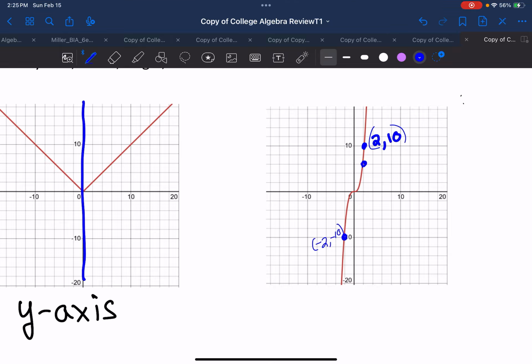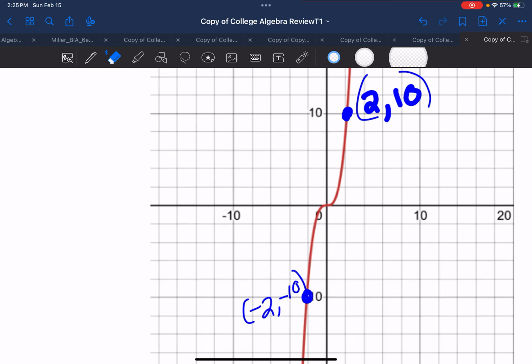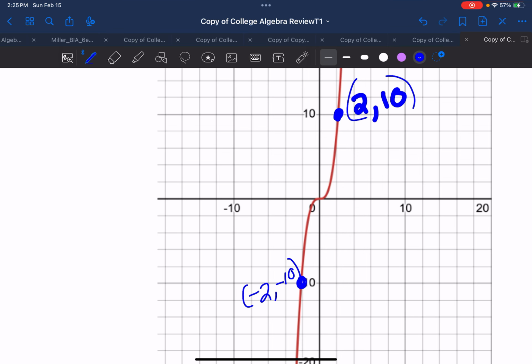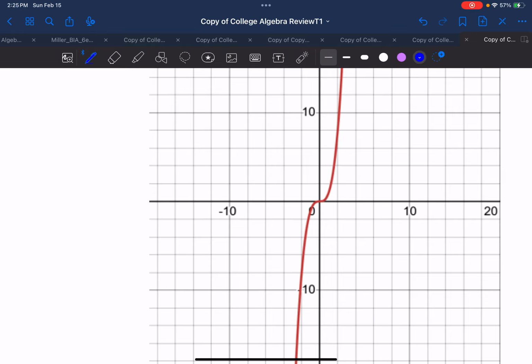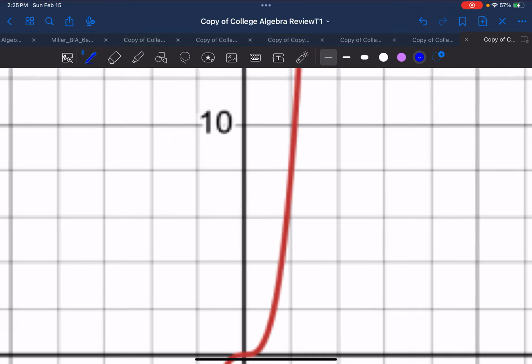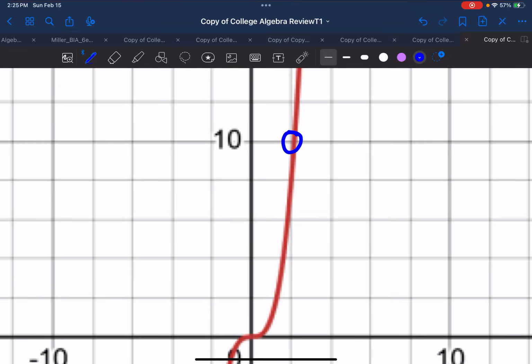So this one is 2, or around about 2, it might not be exactly 2. It's kind of hard to tell. Is that one 2, 10? No, it's a little off from that one, because if you look, it's a little past 2 right here.